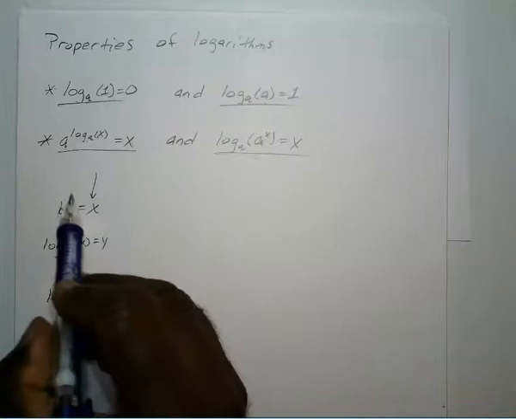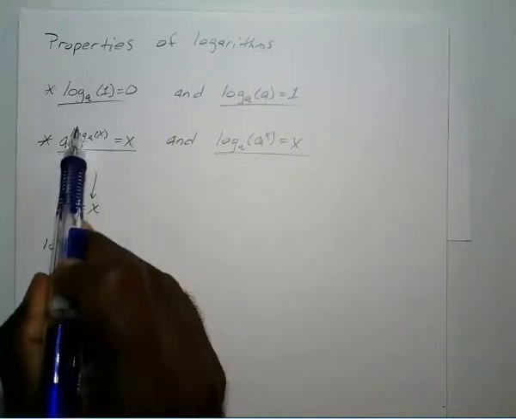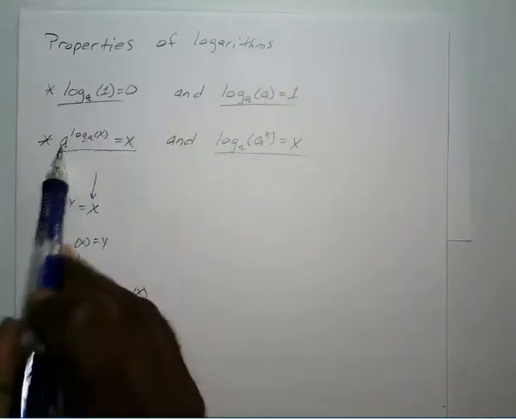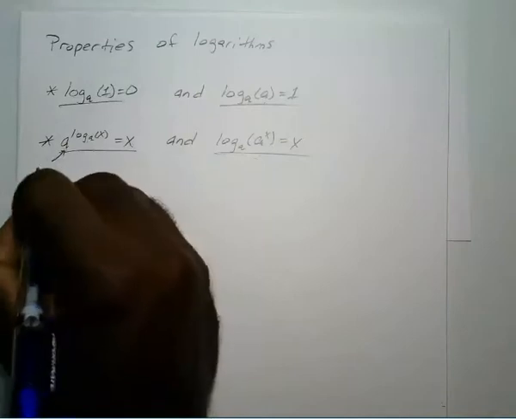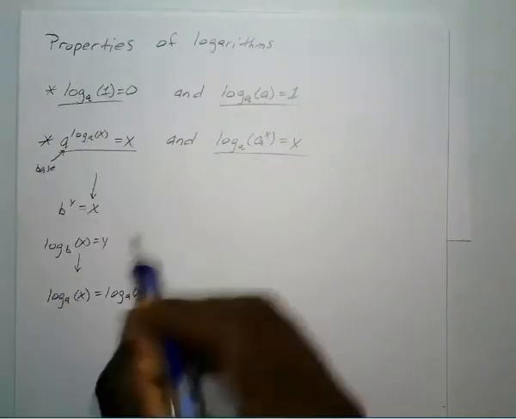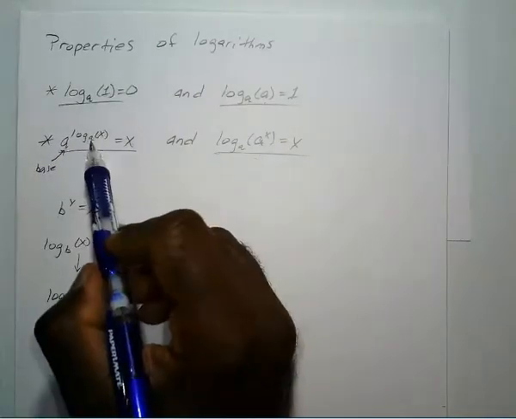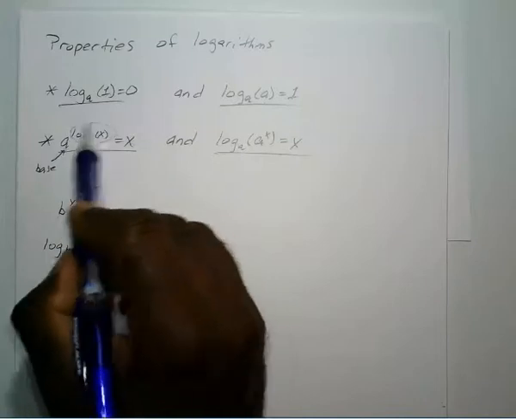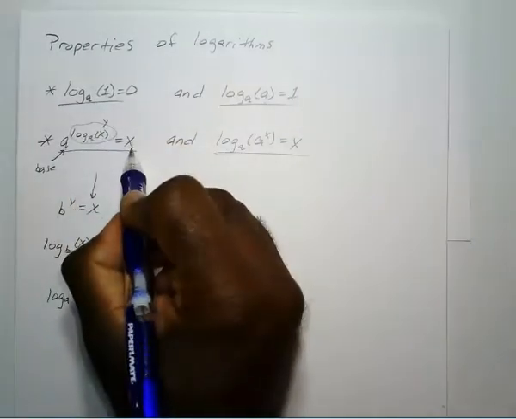In other words, all you're doing is taking this exponent, where this is your base, that's your y, and that's your x.